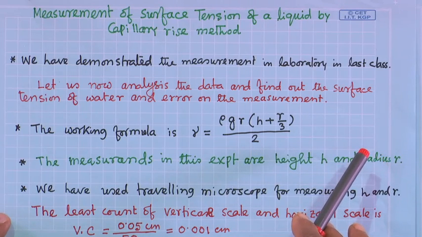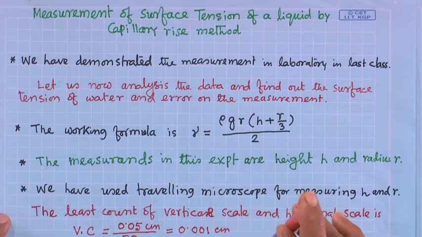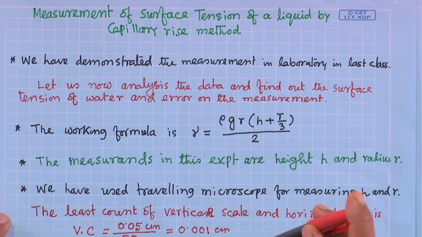The capillary tubes are inserted into the water taken in a beaker, and the water will rise in the capillary tube. So, from the surface of the container water, the height of the water column in the capillary tube is basically h.